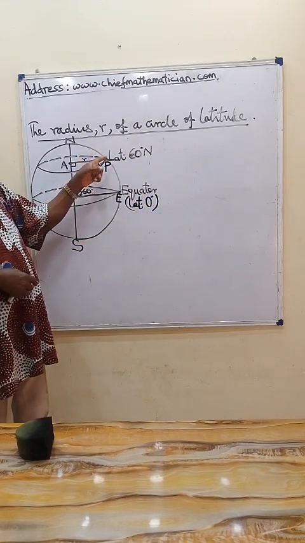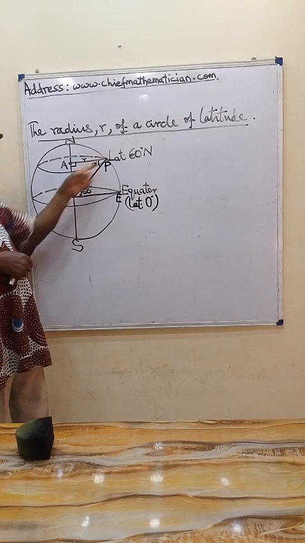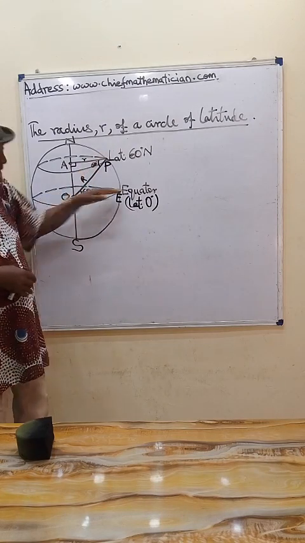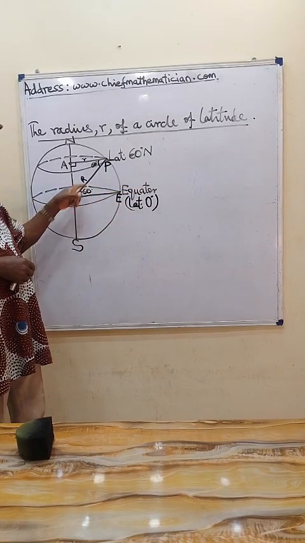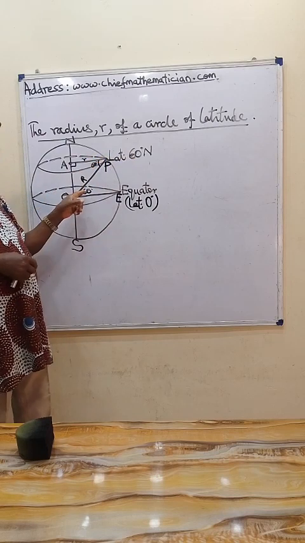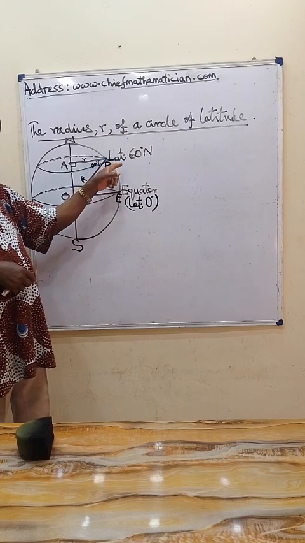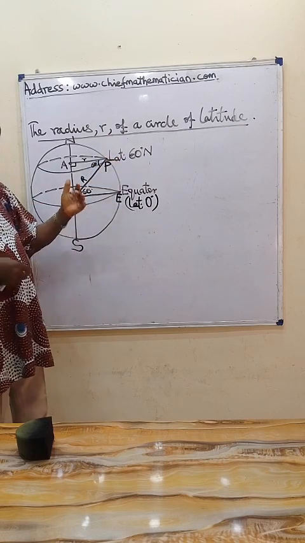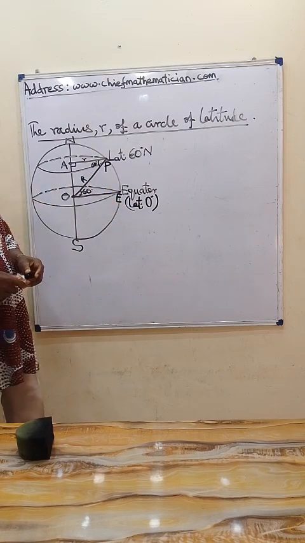From a point on that latitude to the center of the earth, what angle does that make with the plane of the equator? So you can see why we are calling this latitude 60 degrees, because this angle POE is 60 degrees. In a similar way, you name the other circles of latitude.